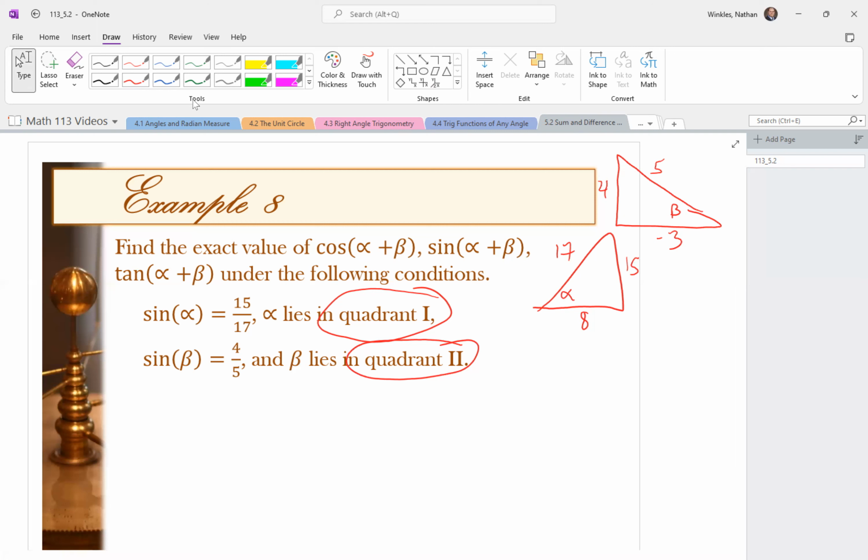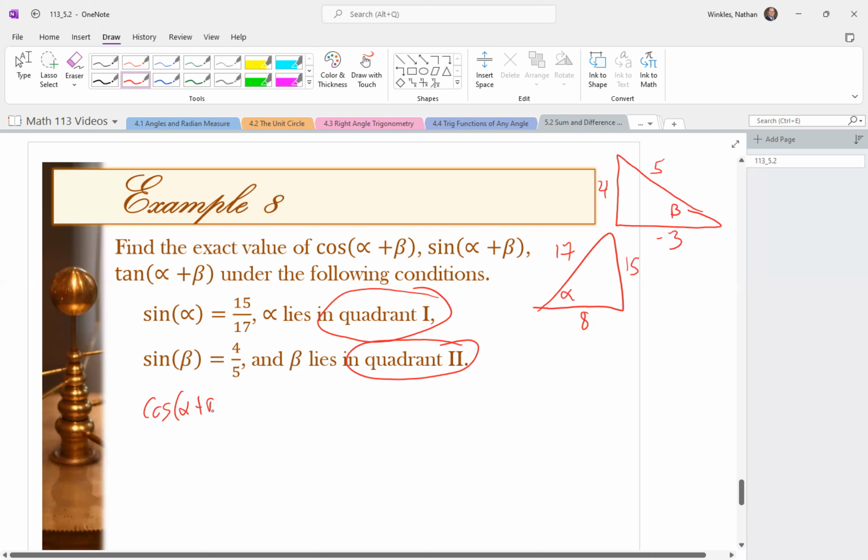So now if we come back over to our formula here, we're told we want to find cosine alpha plus beta. So we'll find that one first. Cosine alpha plus beta is equal to cosine alpha cosine beta minus sine alpha sine beta. So cosine of alpha is 8 over 17.